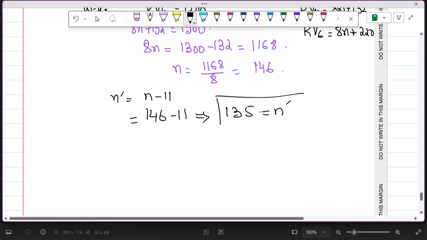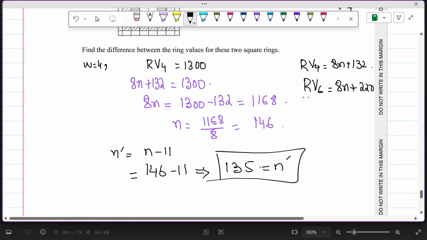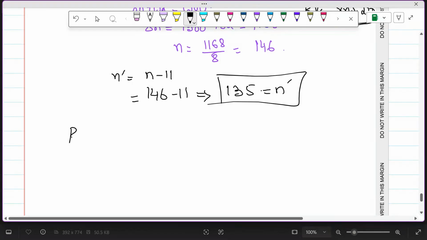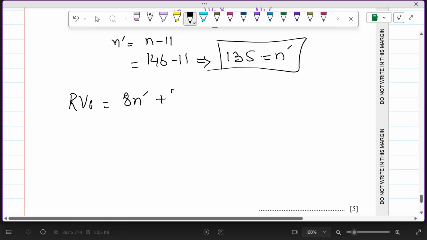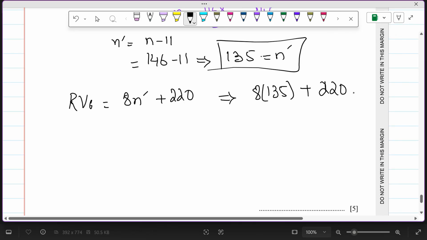Using this value, the top left corner of the 6 by 6, we can use this expression to find the ring value. So ring value 6 is equal to 8 times n dash plus 220. So 8 times 135 plus 220.